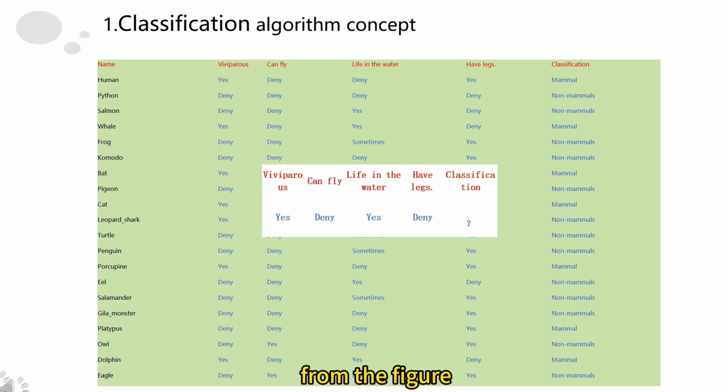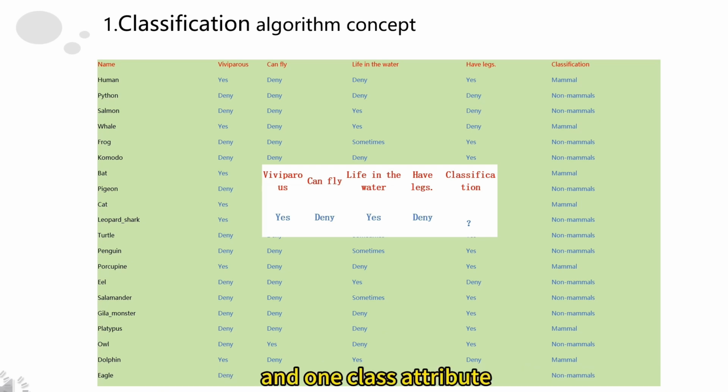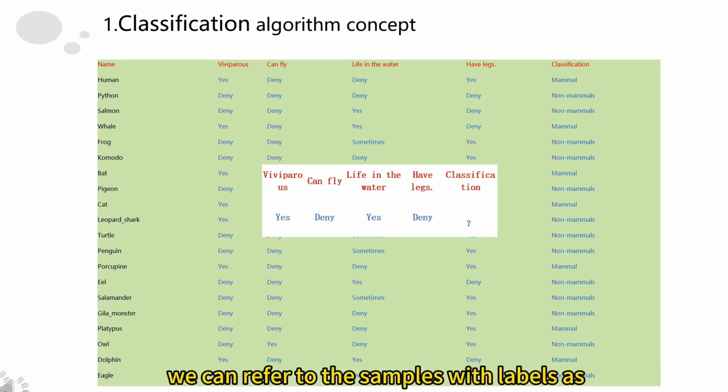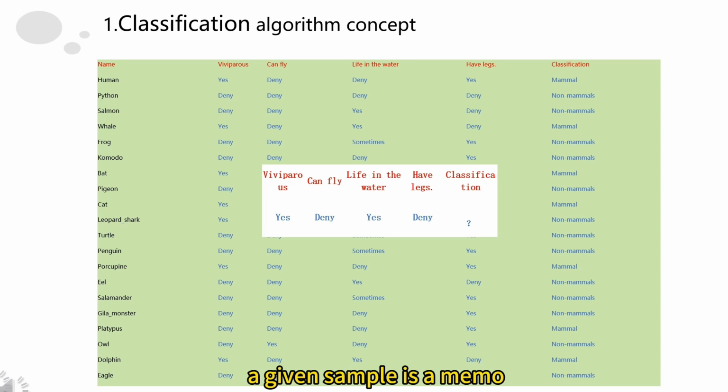algorithm. From the figure, we can observe that this dataset consists of 4 feature attributes and 1 class attribute. Therefore, based on whether the samples are accompanied by labels, we can refer to the samples with labels as supervised learning. In this case, our task is to determine whether a given sample is a mammal.